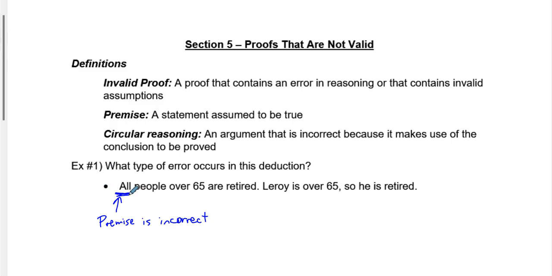But using language within math, we tend to have a lot of difficulties with proving things being true, especially when you try and use an overgeneralization. So, not all people are retired that are over 65.